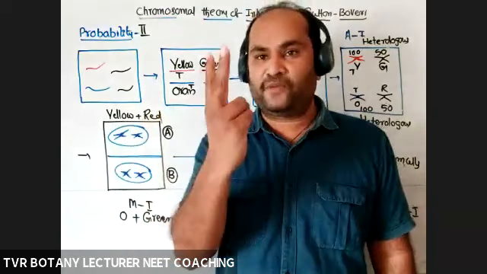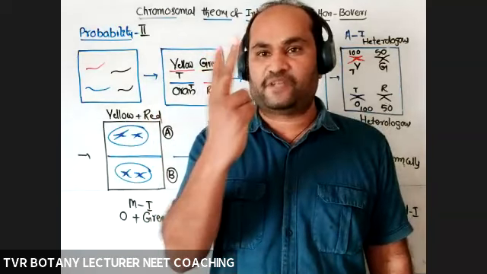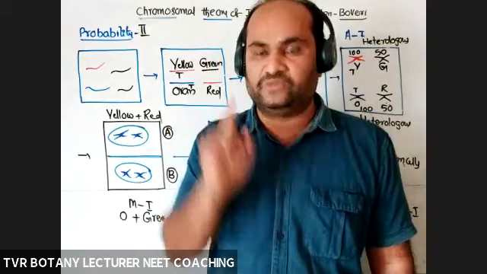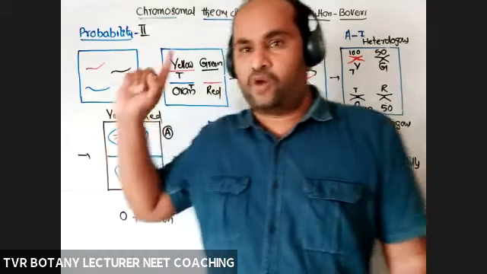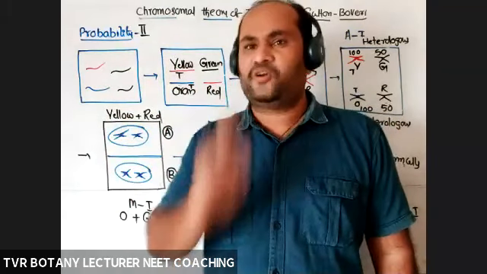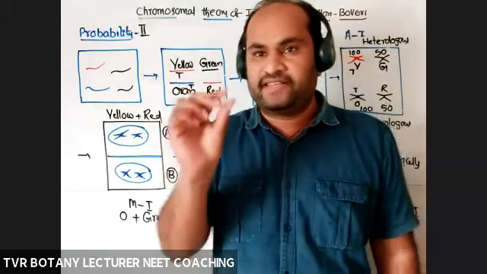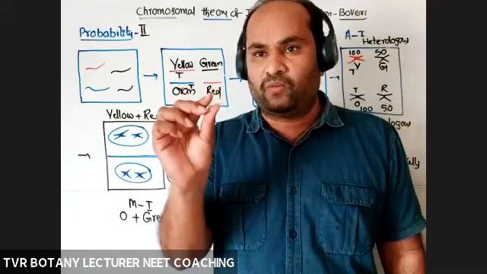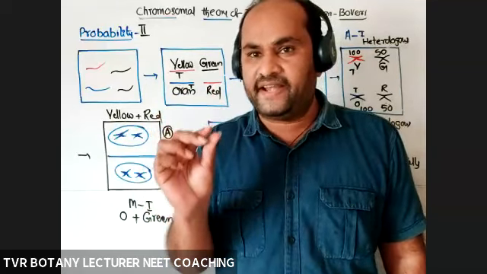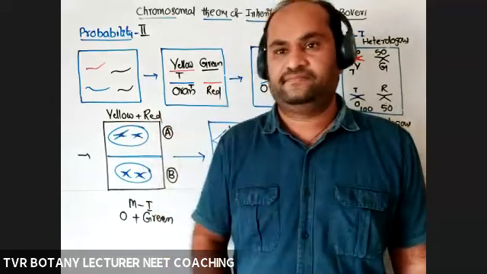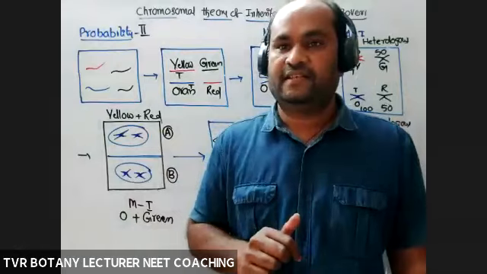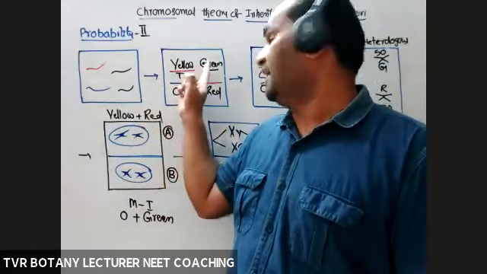So here, how many probabilities are there? Two types of probabilities: independent assortment 1 and independent assortment 2. In the first probability, listen carefully. The yellow chromosome is separated from orange and segregated along with the red chromosome.